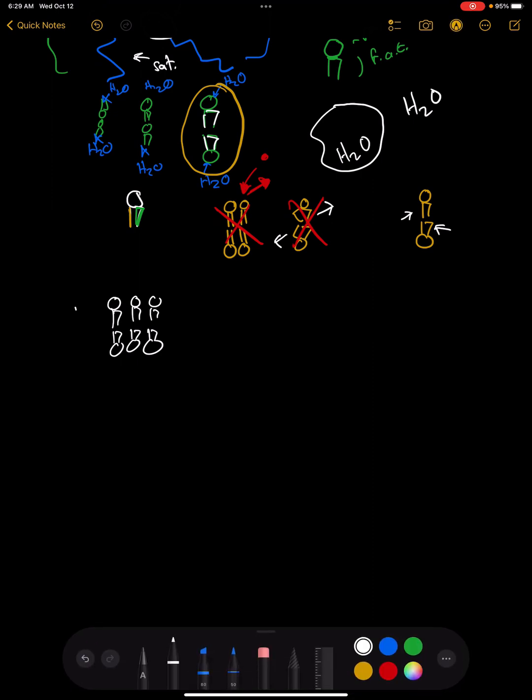Okay, this is called my bilayer. Now this right here, just to reiterate, this is my phosphate head, and then these right here, these are my fatty acid tails. Now there are other structures in this cell membrane besides just phospholipids. We also have some proteins.